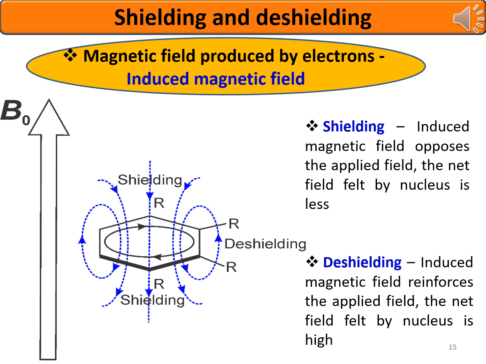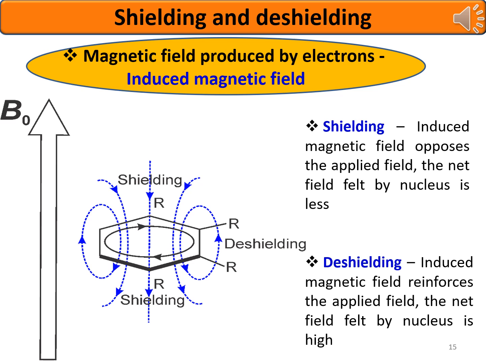What do you mean by shielding and de-shielding of a proton? When a molecule is placed in a magnetic field, its electrons are caused to circulate and produce a secondary magnetic field. This secondary magnetic field is known as induced magnetic field. This induced magnetic field may oppose or reinforce the applied magnetic field.